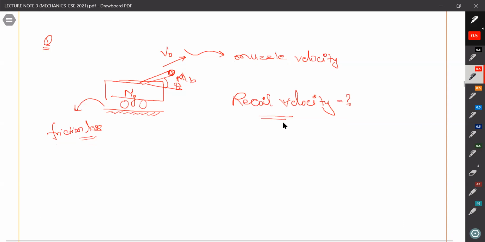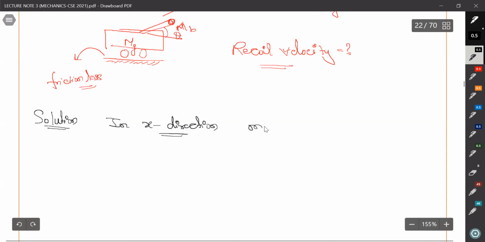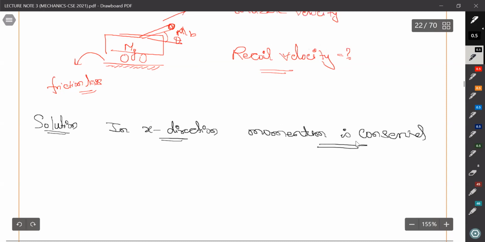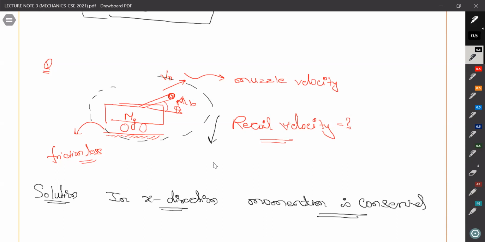So what can we do? In the x direction, momentum is conserved, because the only external force acting on it is the gravitational force itself. The rest of the forces are internal in this.